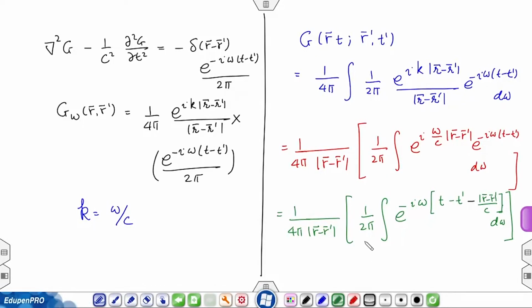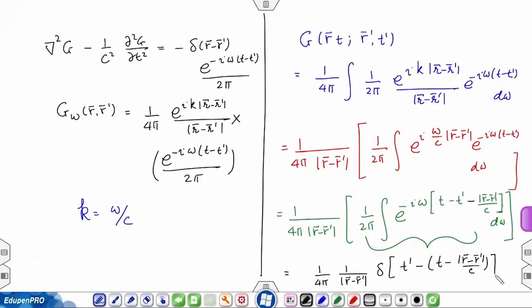And this, by definition, is the delta function, and therefore, this whole thing comes out to be 1 over 4 pi 1 over modulus r minus r prime delta of t prime minus t minus mod r minus r prime over c. This is my Green's function.